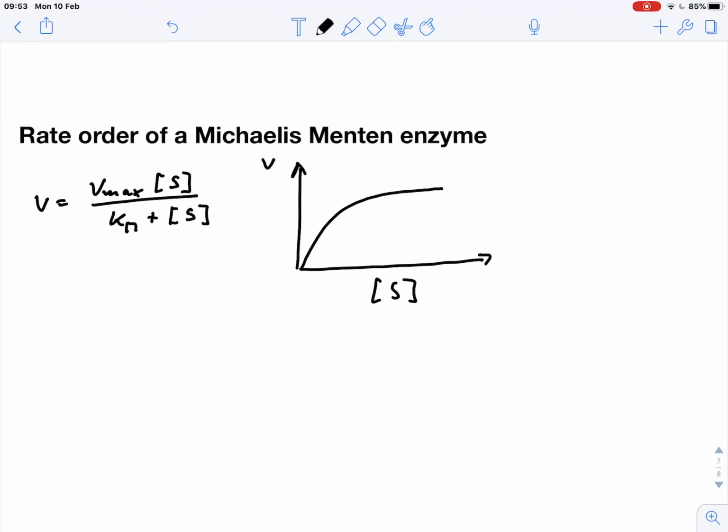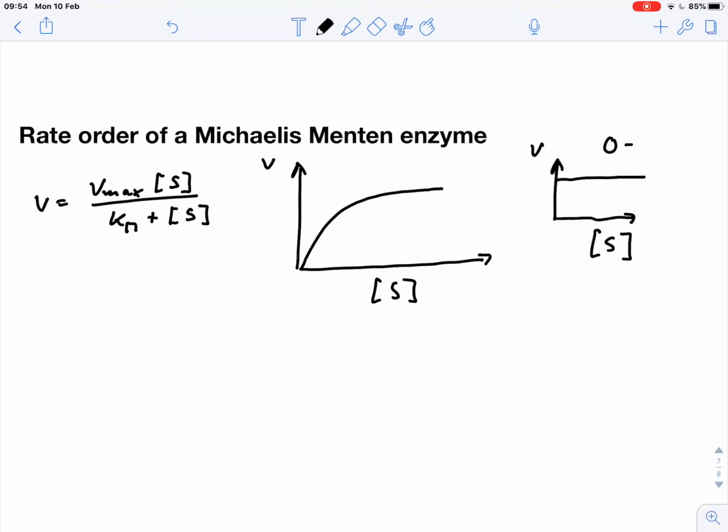And what we see is that, contrary to what we have dealt with so far in terms of rate orders, it looks like the rate order is changing and depending on the substrate concentration. As a reminder, if we have a zero order reaction, we would find that the rate is totally independent of the substrate concentration.